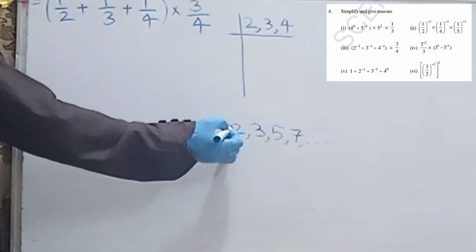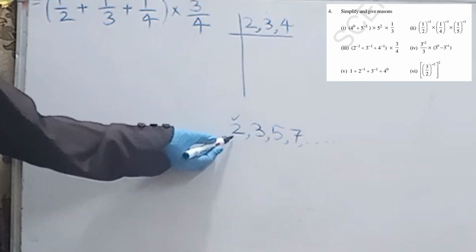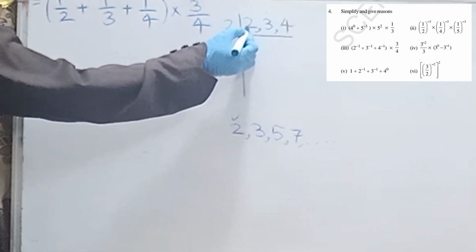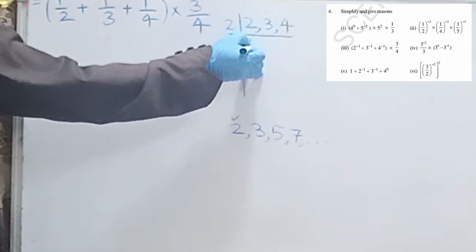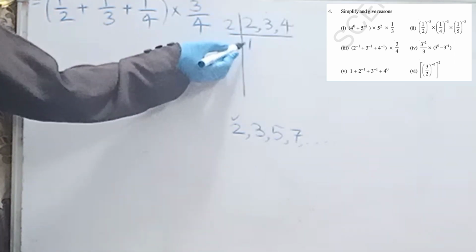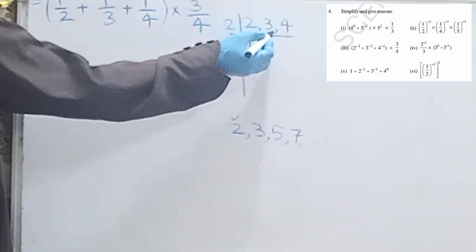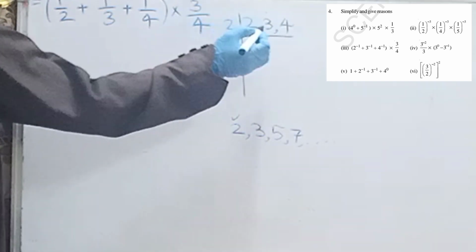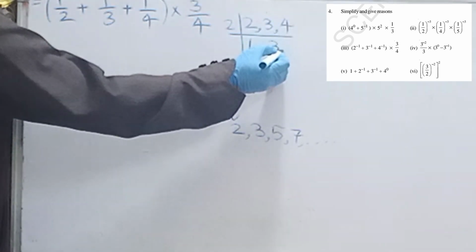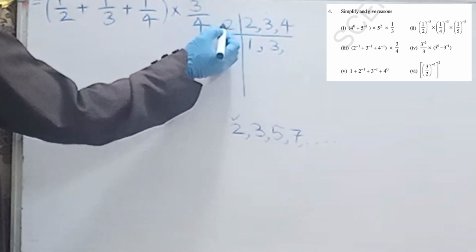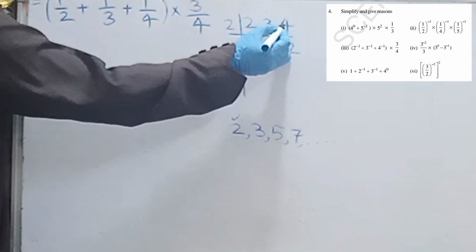First I'll check whether it is divisible by 2 or not. In 2 table we get 2. How many times does this 2 go? It goes once. So we'll write 1 here. Next number is 3. Since 3 will not come in 2 table, I'll copy this 3 as it is.